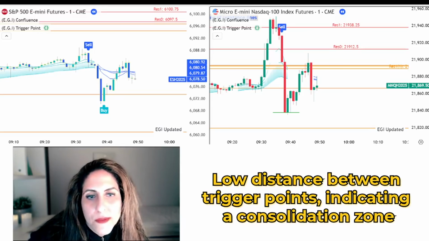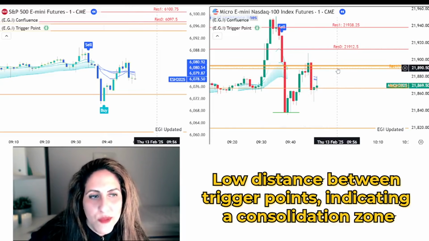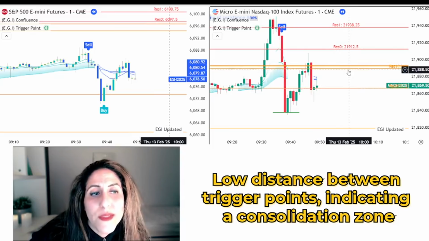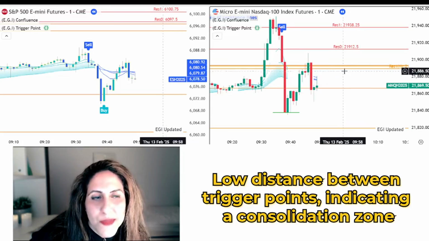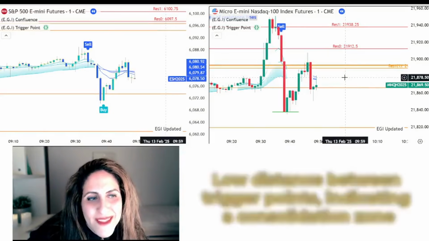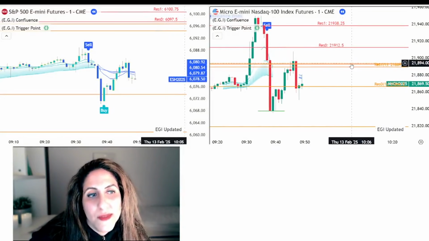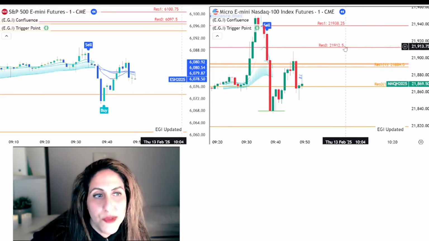And why? There's a very simple explanation. Because the market tends to respect the levels, and there's a low distance in this case between the levels that are expected to get respected, this means that the market bounced here, then bounced here, then bounced here. So this is a consolidation zone.